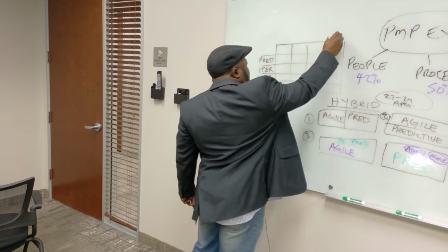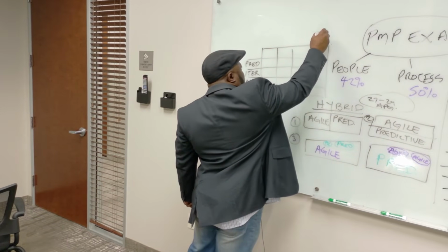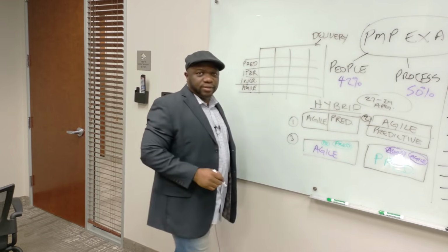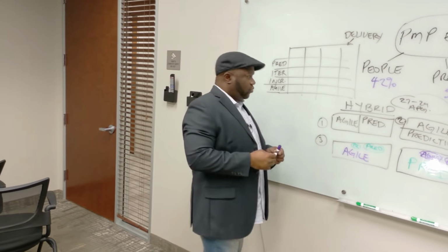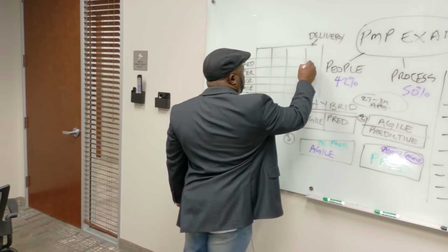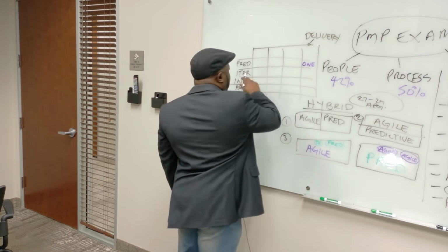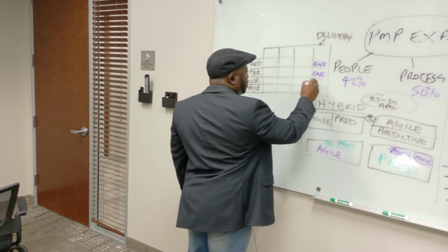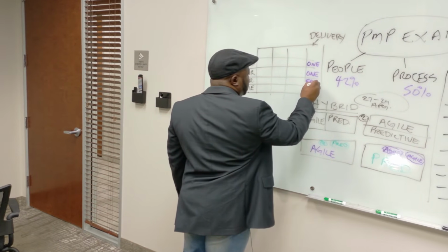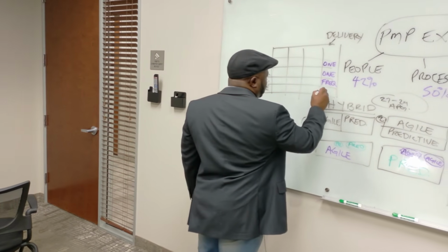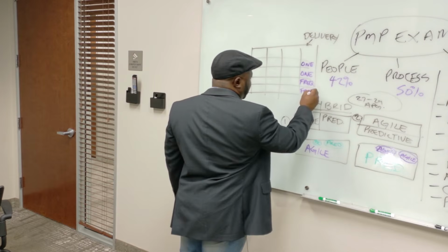But the one I really want to get into is the delivery frequency. When it comes to the delivery frequency, predictive is one time. Iterative is one time. Incremental is frequent, smaller deliveries. Agile is frequent, small deliveries.